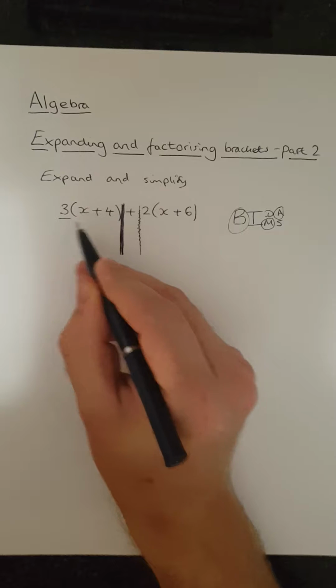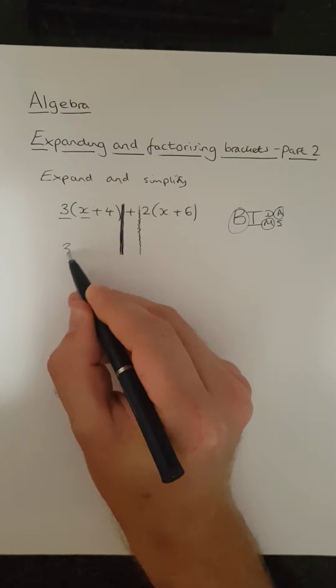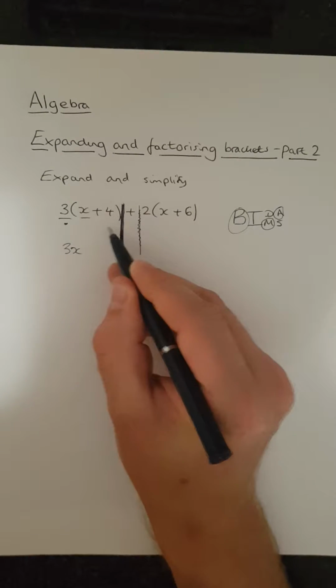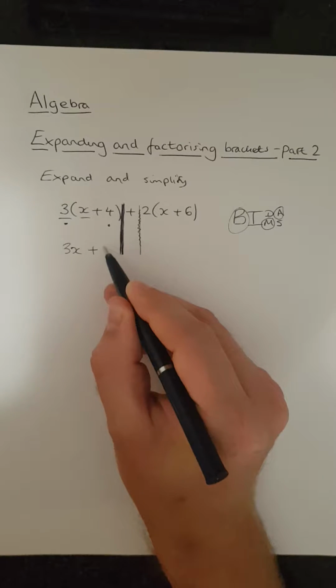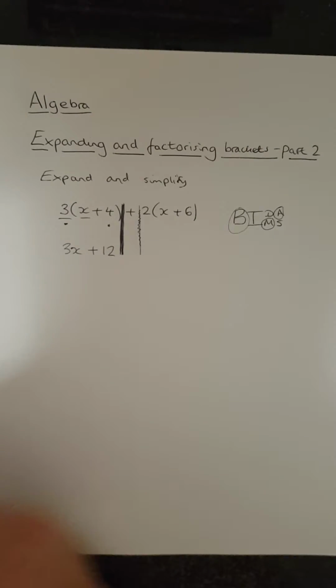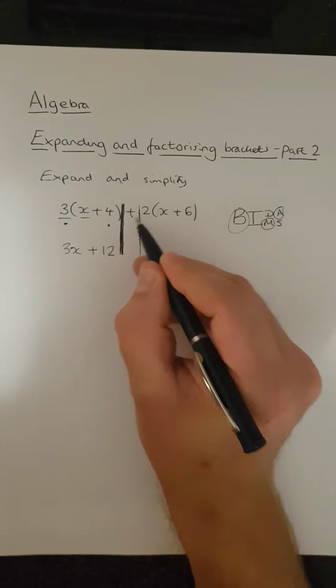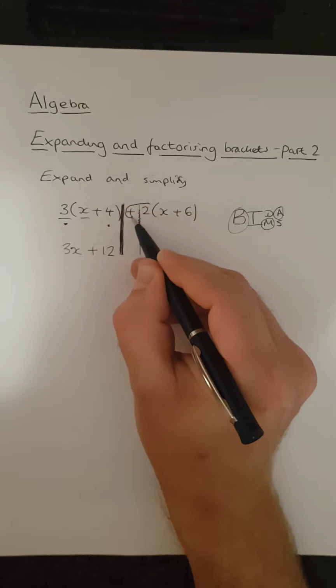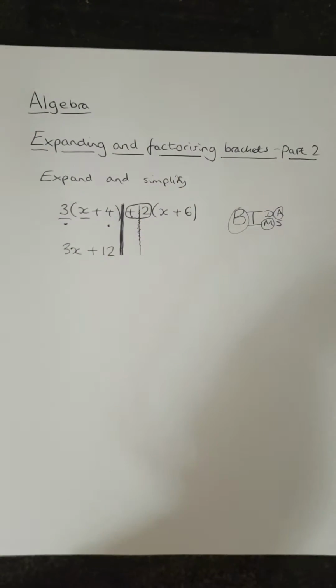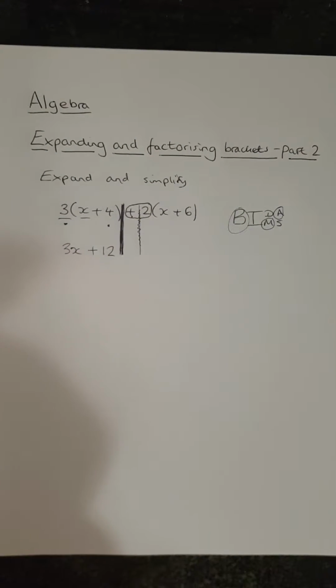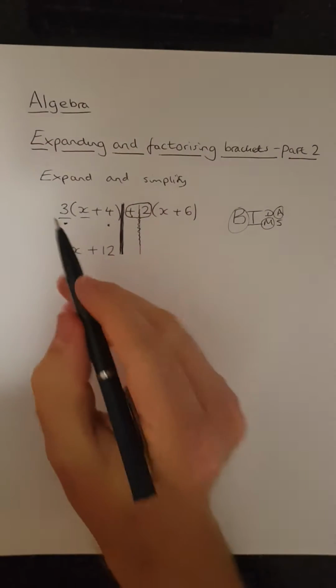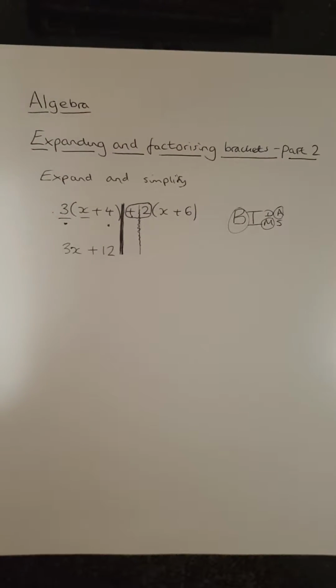So, 3 lots of x and 3 lots of 4. Now, this plus is attached to the 2. We saw this before when doing simplifying, that the symbol in front of a number was attached to it. There isn't one here, because when a positive number is at the beginning, we don't need to.